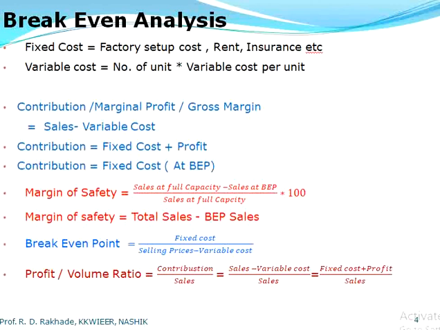Now some basic formulae used in break-even analysis. Basic terms: fixed cost, that is factory setup cost, maybe rent, insurance, or policies. Then variable cost, that is the number of units produced times the variable cost per unit. Variable cost includes direct material or direct labor cost.